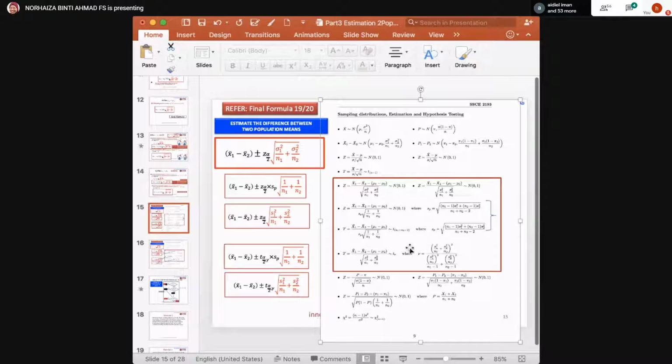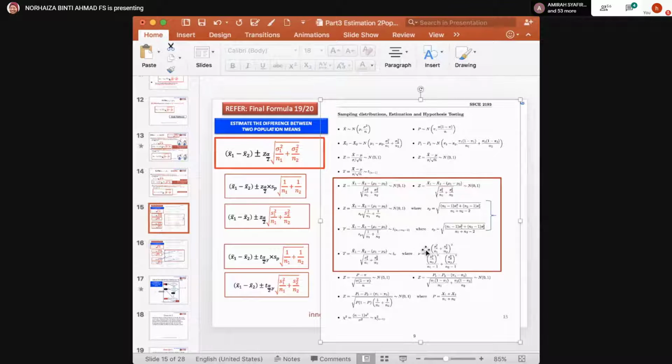So this is the degrees of freedom if you have different population variances. Note that you don't need an Sp here because you're estimating it through the respective sample variances. But since you have a T distribution, it has degrees of freedom as shown here.